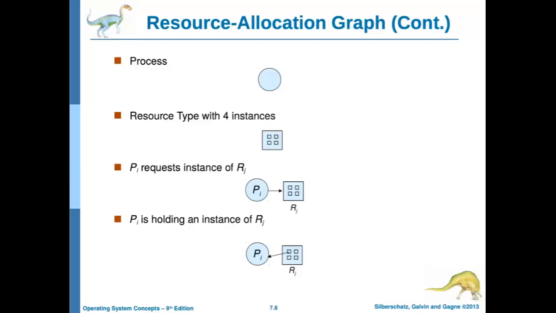For example, here you can see the resource type with 4 instances.